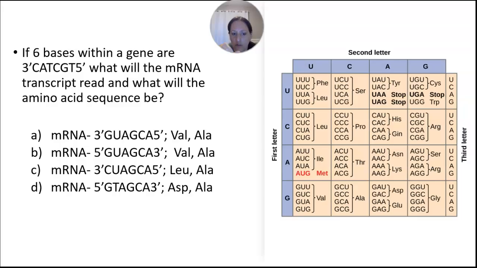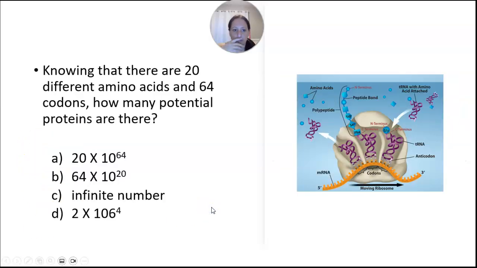The first codon would be the first 3 bases, so GUA. GUA codes for valine. And the second one is GCA. G, second base is C, and A. So alanine. So the correct answer here would be B.